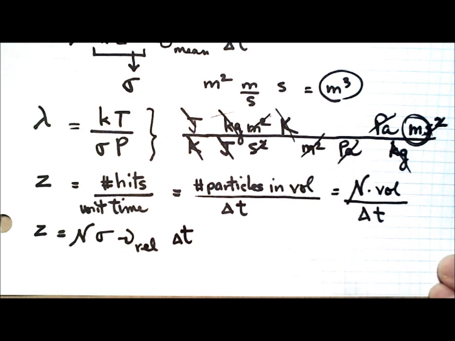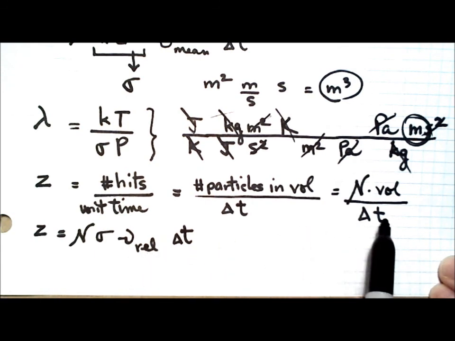So you can look up above where we saw that the volume of the tube was equal to sigma, the mean speed, times delta T. So here I have sigma, mean relative speed, delta T. And again, the mean relative speed is root 2 times the mean speed.